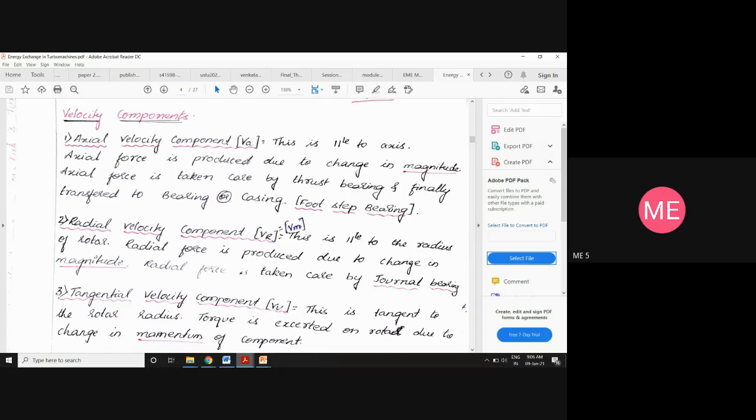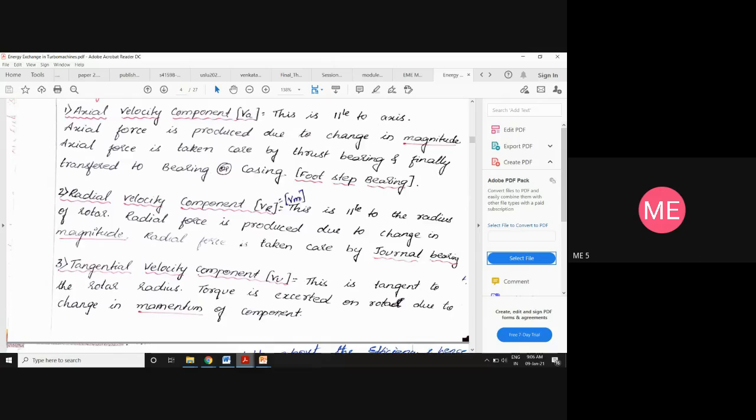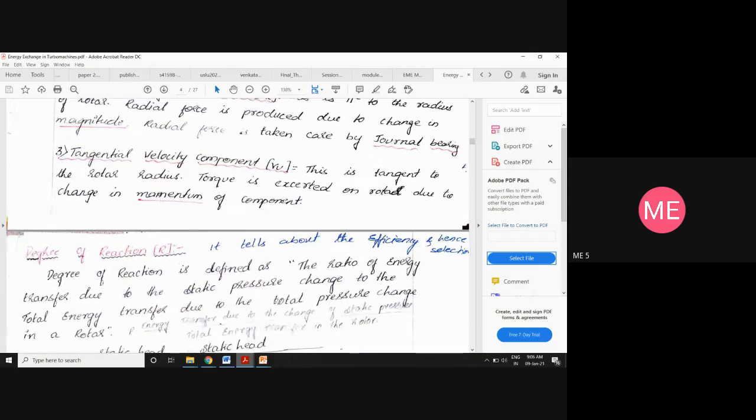So these two are wasted because they are acting perpendicular and parallel to the shaft. There is no use for rotation of the blades. Only with the help of the tangential component will the rotor be rotated. So as far as possible, we should make this VU, the tangential component, greater so that the rotor will rotate at higher speed.